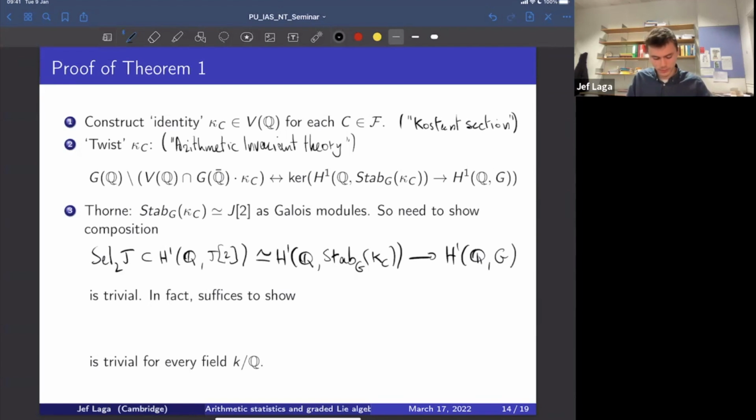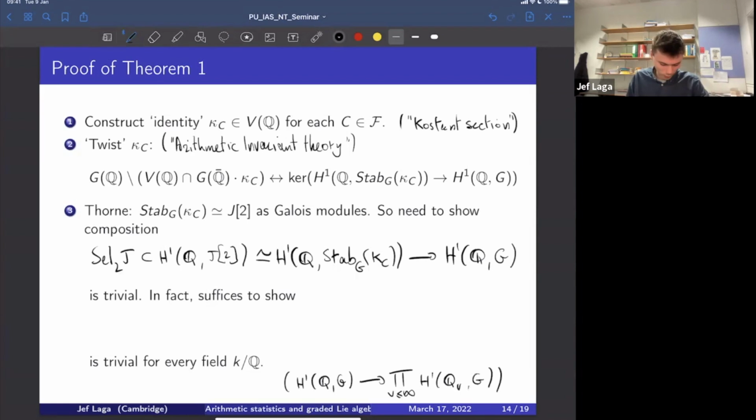Okay, and in fact, using some weak form of the local-global principle for H1 of G, where G is going to be a split semisimple group, it turns out that the kernel of the map, which is again just merely a map of pointed sets, is trivial.